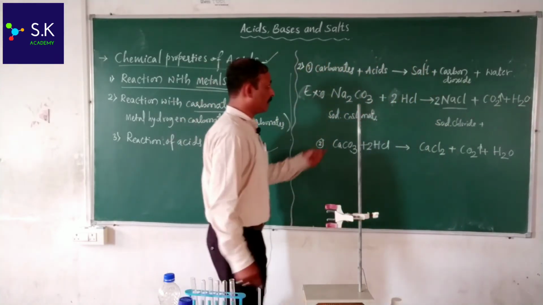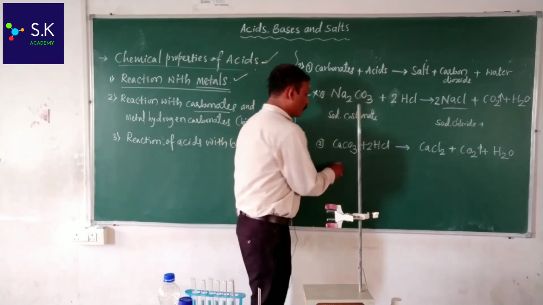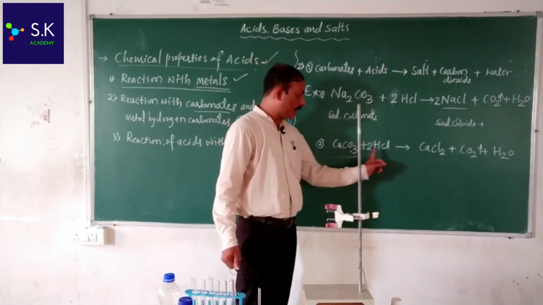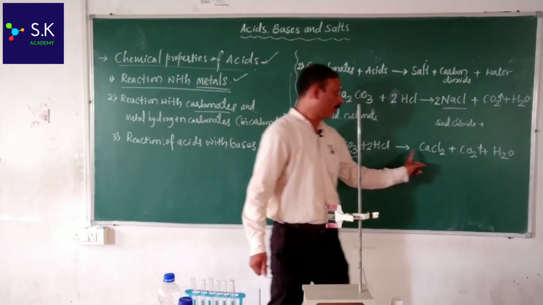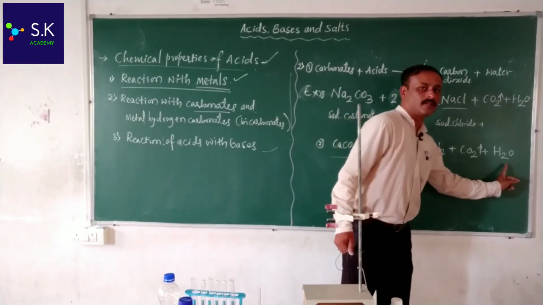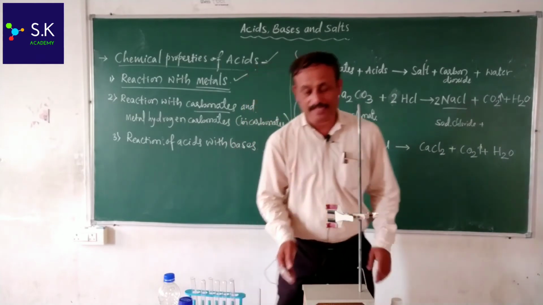This is the chemical reaction of carbonates with acids. I have taken one more example, calcium carbonate. When calcium carbonate combines with hydrochloric acid, it forms calcium chloride plus carbon dioxide plus water. Let's do that experiment.